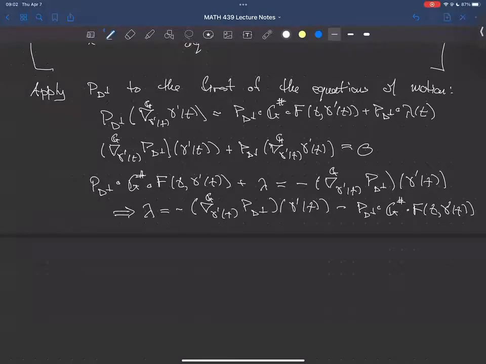Good, so that's nice. I've eliminated lambda because I've now expressed it in terms of only known things: the curve, its derivatives, orthogonal projections, and stuff like that. And then of course I now just substitute lambda back into the equation.